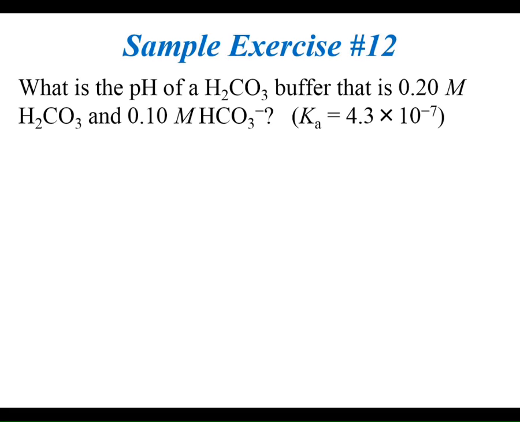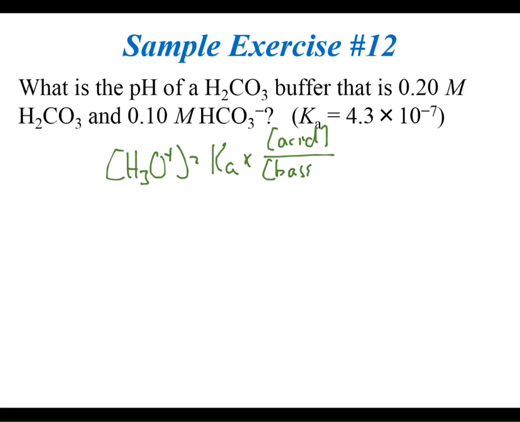What's the pH? This is our next one, right here. What is the pH of a buffer made up of 0.2 molar H2CO3 and 0.1 molar HCO3 negative? So the hydronium is the Ka times the acid concentration over the conjugate base concentration.